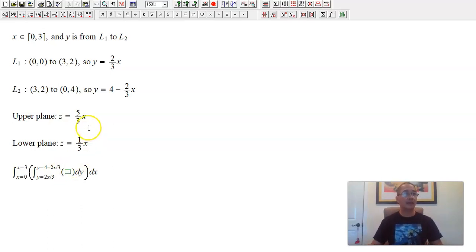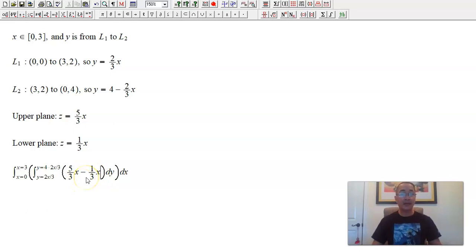Excellent. And our integrand is the upper minus the lower, minus 1/3 x. So the nice thing is that it simplifies very nicely, but also you don't have y in your function.